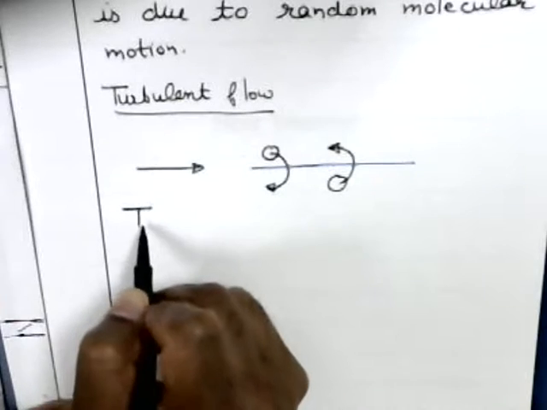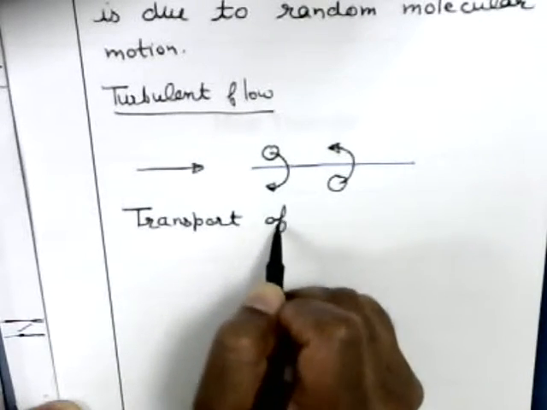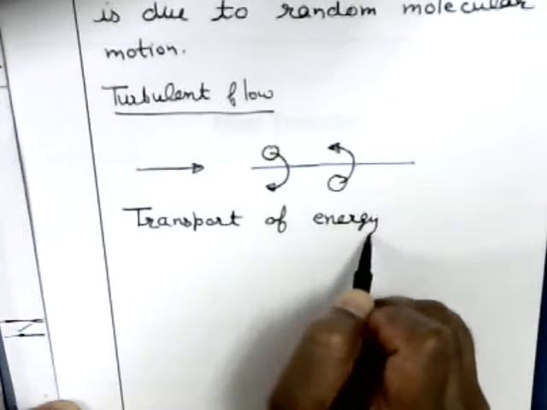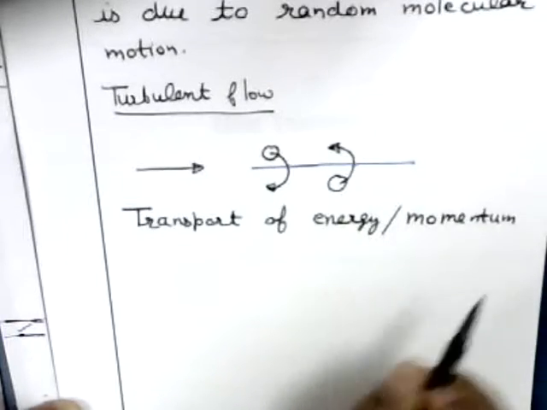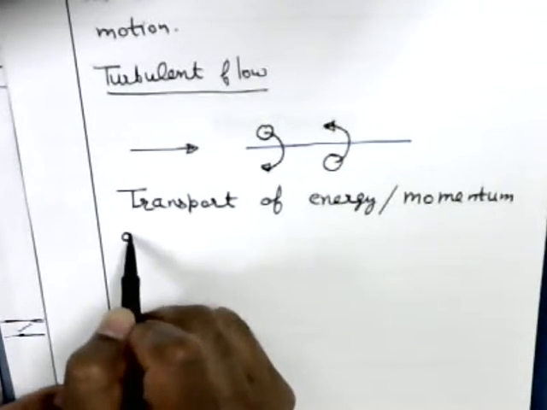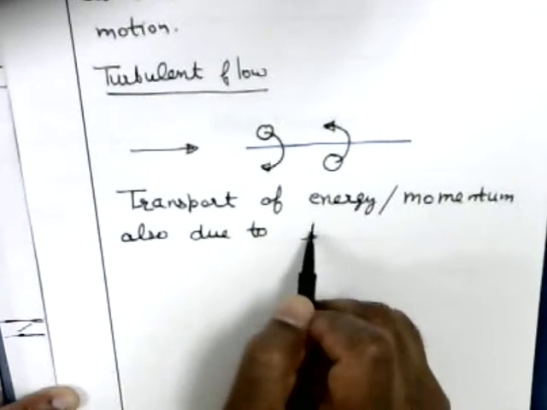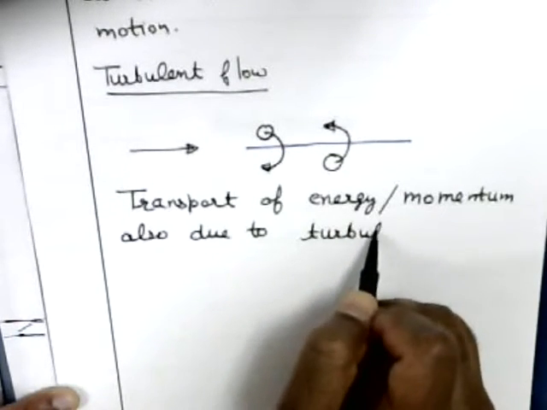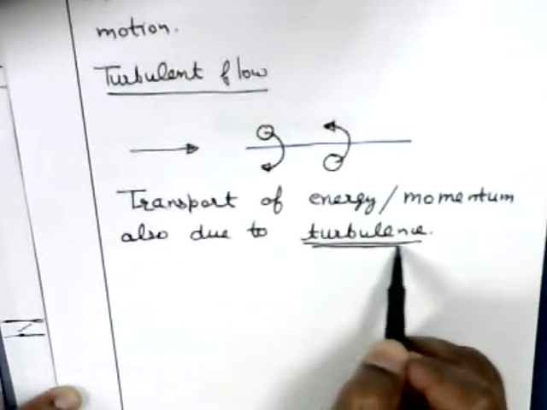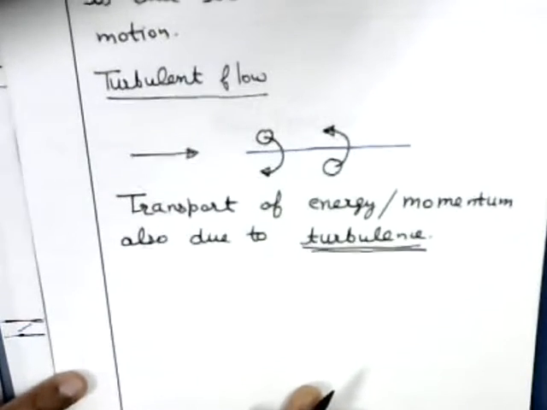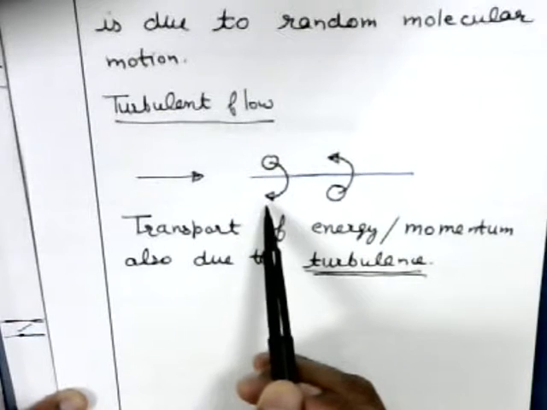So you have transport of energy and momentum also due to turbulence, which is going to be far more effective than molecular transport, because so many bunches of molecules move together.